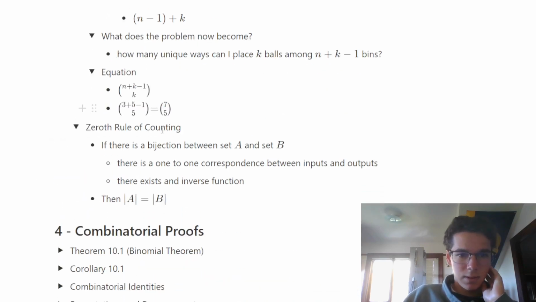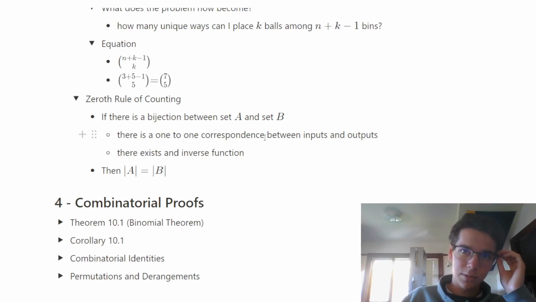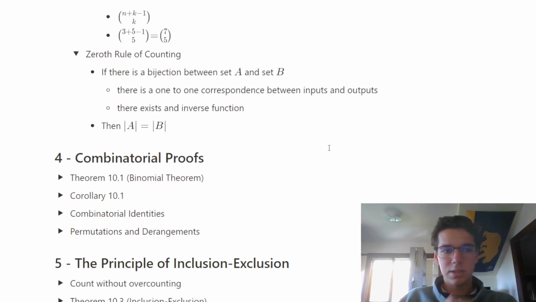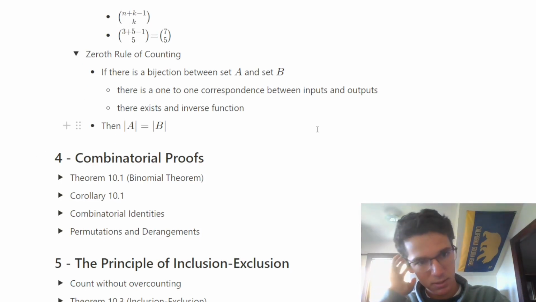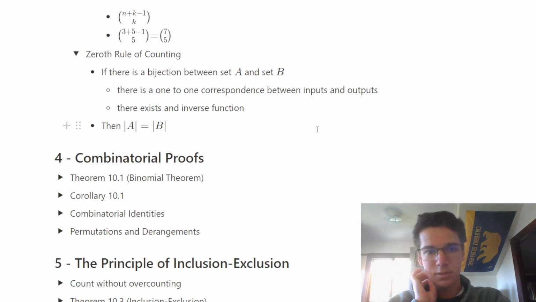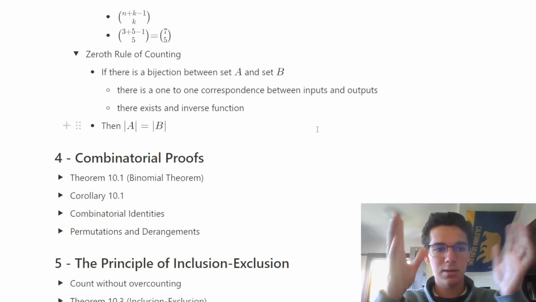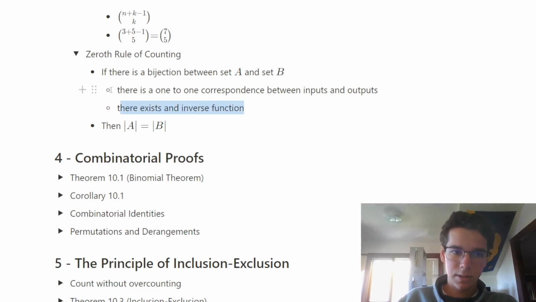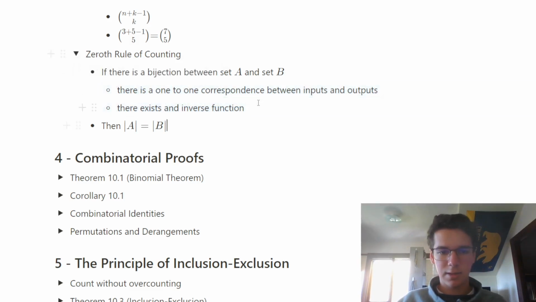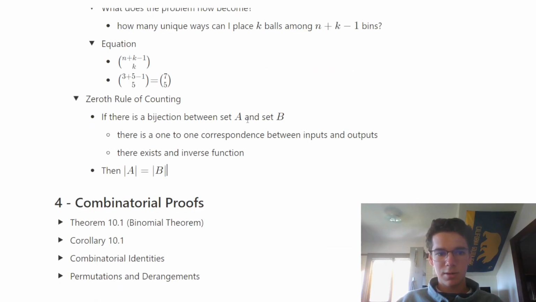And that moves into the 0th rule of counting, which will become more important later on, which is that if there is a bijection between set A and set B, a 1-to-1 correspondence between the inputs and outputs, there's an inverse, then the cardinality of A is equal to the cardinality of B. I'm not too sure about the validity of this, at least in relationship to counting problems.